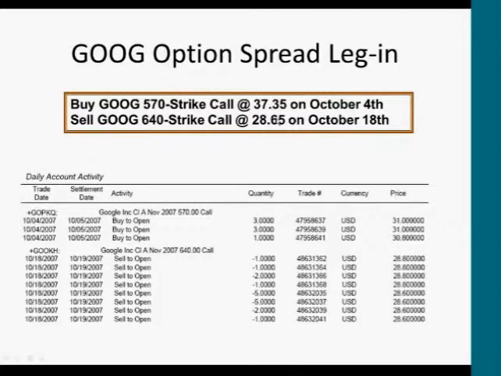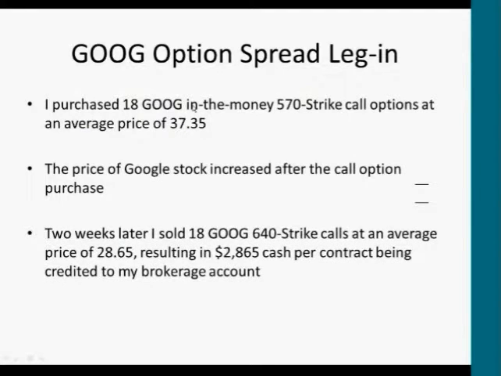So let's look at how your risk and profit profile really change once you sell a call to protect this option purchase that you made earlier. Once I sold the 640 strike calls at 28.65, for each, I had 18 contracts.